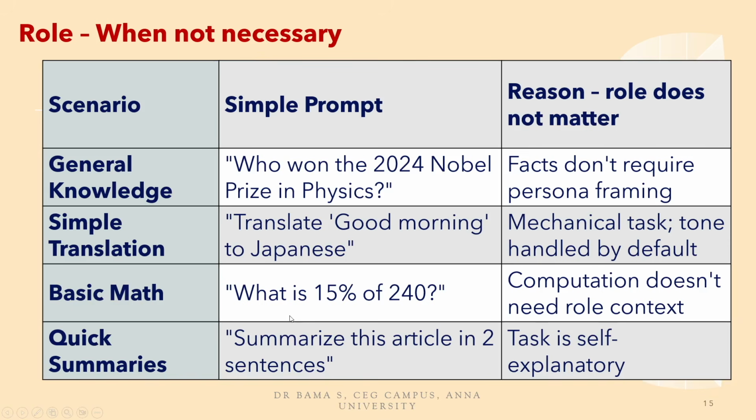We need not specify any mathematics teacher or say a student. It does not matter, because the answer is going to be crisp and accurate according to the computation. So the role is not necessary here. Quick summaries: summarize this article in 2 sentences. This is self-explanatory. So the role again in this case is not necessary.